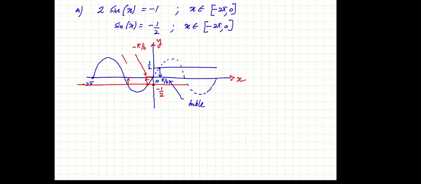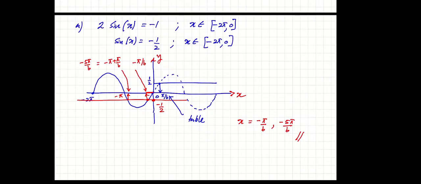So the answer here would be -pi plus pi divided by 6, so minus pi divided by 6. You got that? Yep, I also need help with the first question, homework.